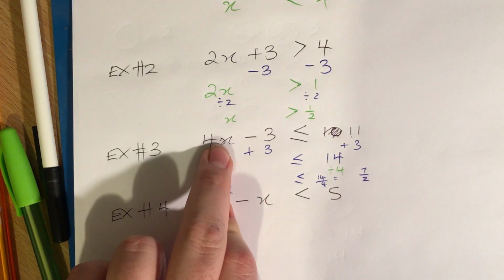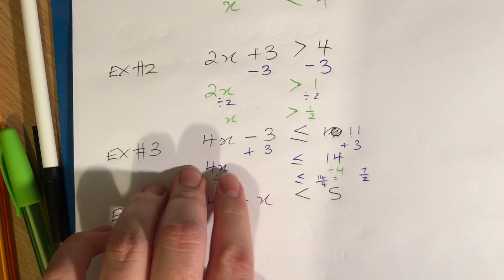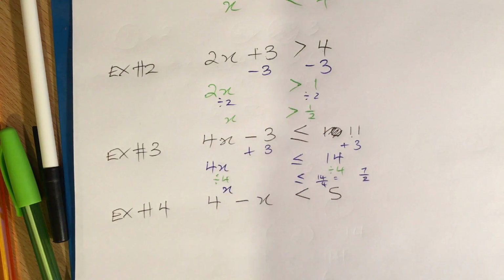So 4 times 14 over 4 is 14, take away 3 is 11. So yes, x has to be less than or equal to 7 over 2 in order for this to work.